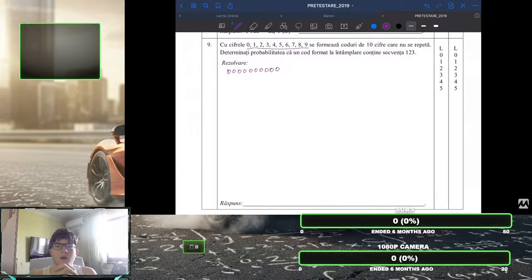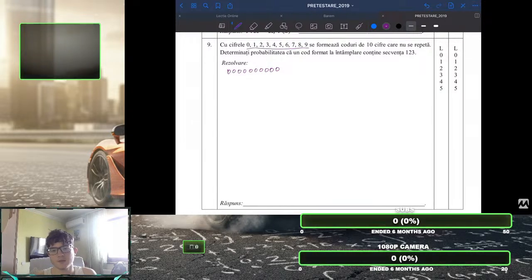So here obviously it's not with anti-probability. We pop 10 circles as we have a code of 10 digits formed. And here's the formula: favorable cases divided by all cases.